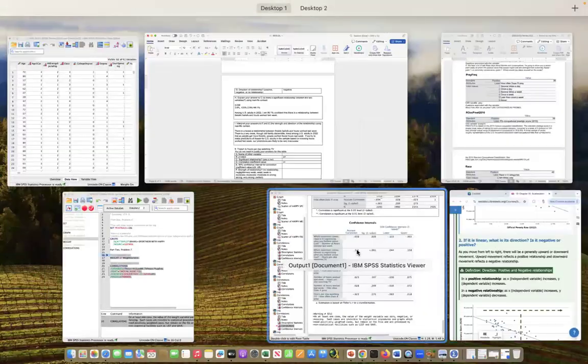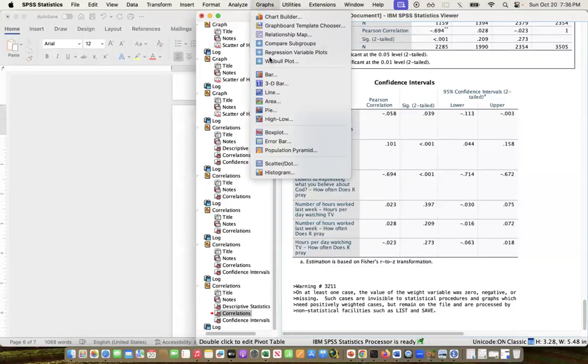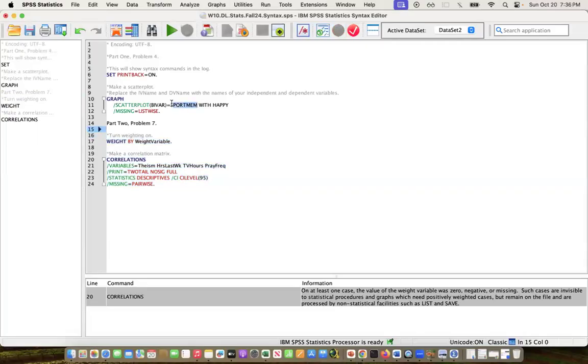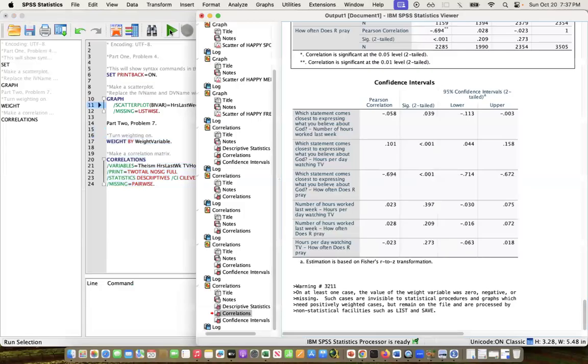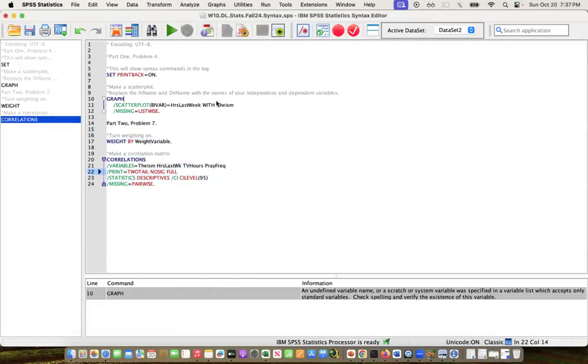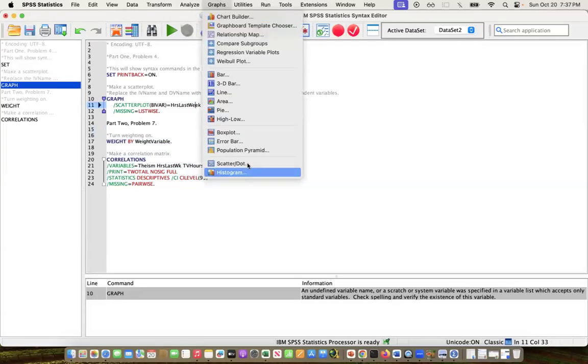Okay, and I could just show you again, if I were to try to do a scatter plot. So let's say I did hours last week with theism. You can see how, oh, that did not work. Not sure what I did wrong there.